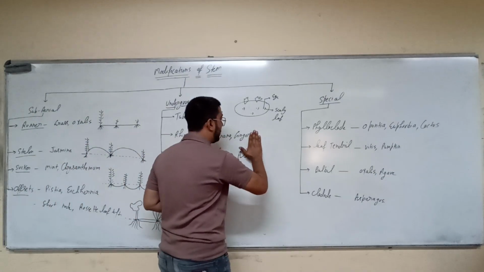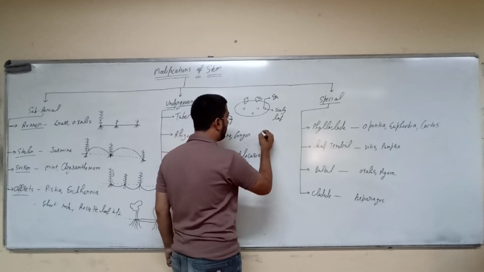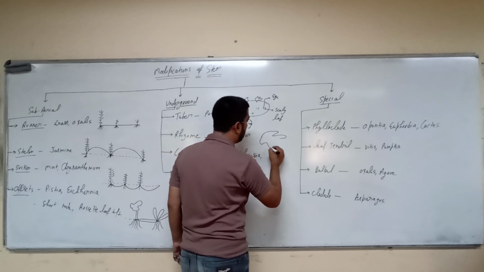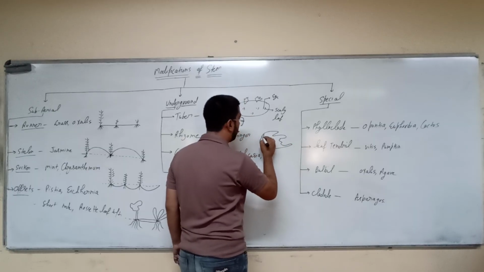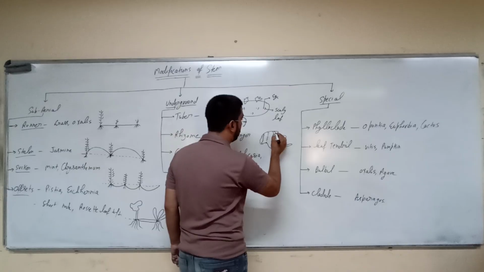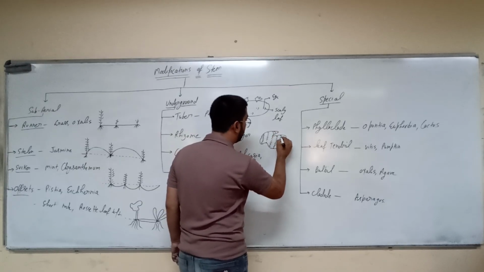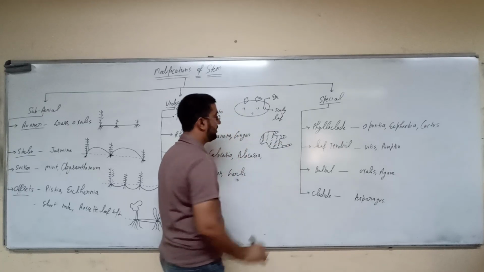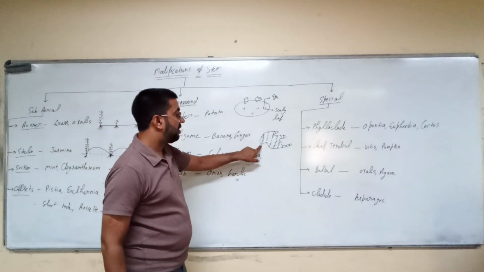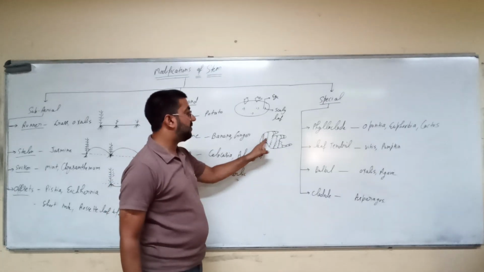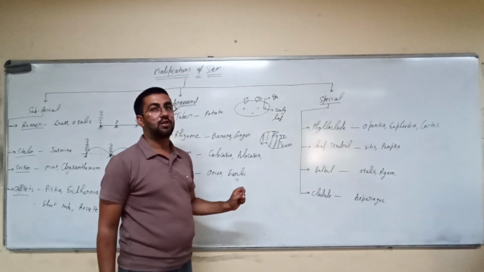If I want to make a diagram here, this is the rhizome. This portion is rhizome. This is node, again node, again node, and the portion between the two nodes is known as internode.